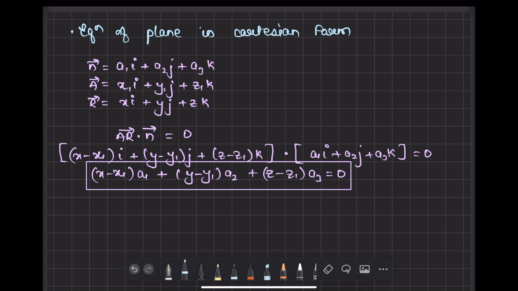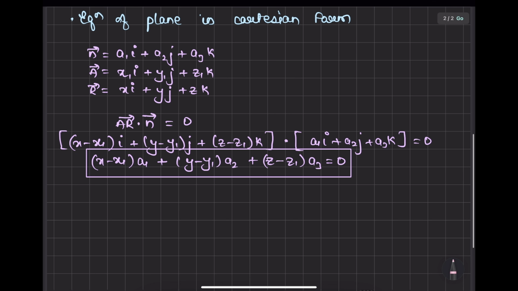Suppose that we have to look, if you multiply a1 with x, x is a variable, so can I write a1 x? Okay, I will multiply this with this, so a2 y, then plus a3 z.